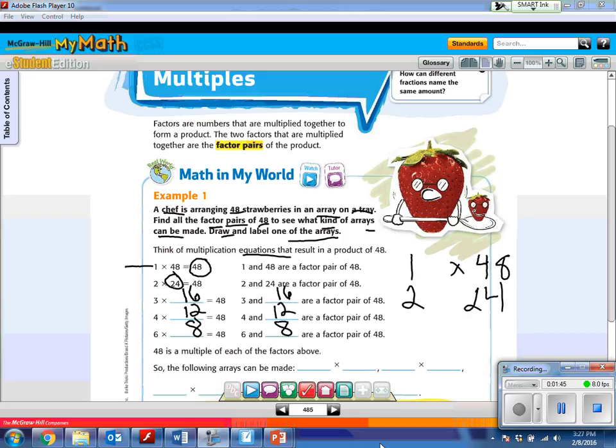So what we can do now is we can go ahead and think to ourselves, okay, 1 and 48, 2 and 24, 3 and 16, 4 and 12, and 6 and 8 all equal 48. Okay, now that's pretty easy looking at that and just saying it, but how do we actually figure these factor pairs out? Well, that's what we're going to work on next.